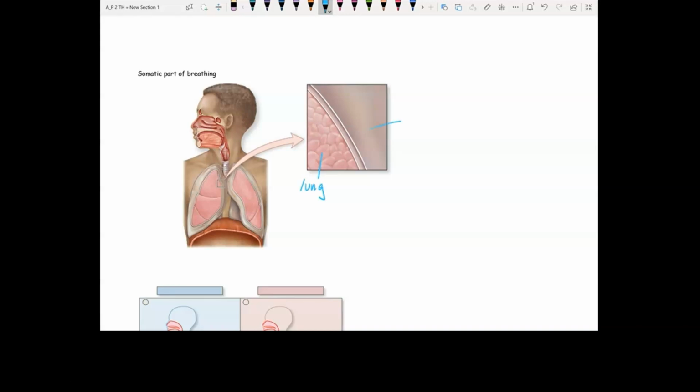This is your chest wall. And in between is your pleura. The pleura is the same structure as the pericardium you already learned about. It is a double layer serous membrane.